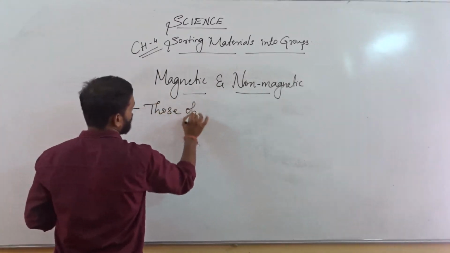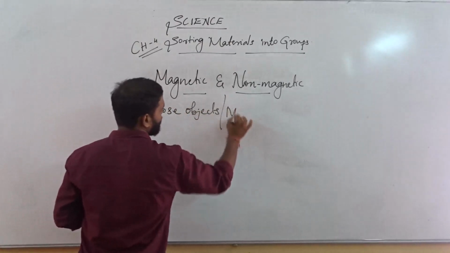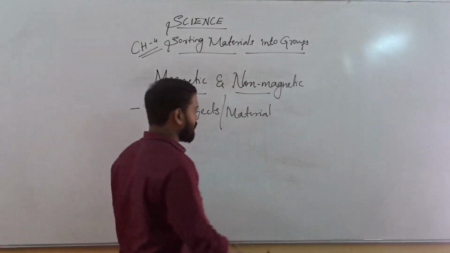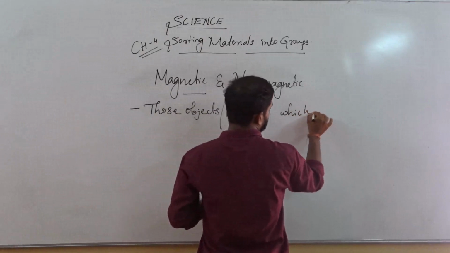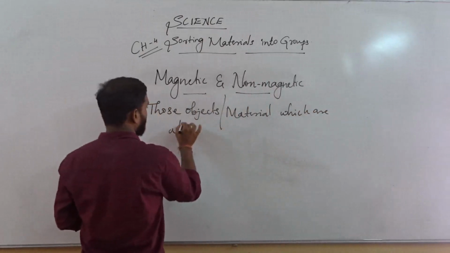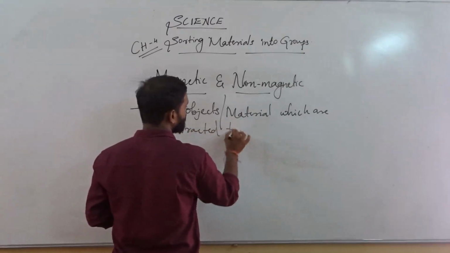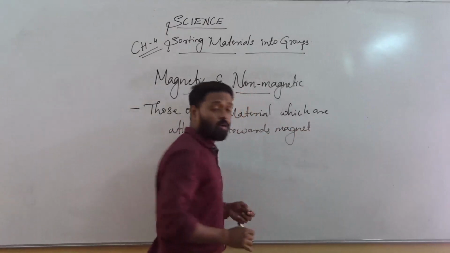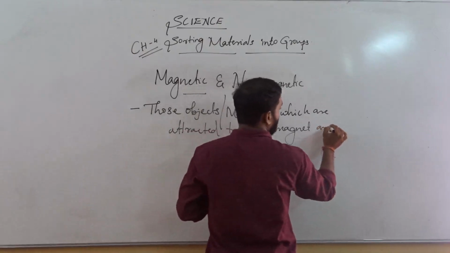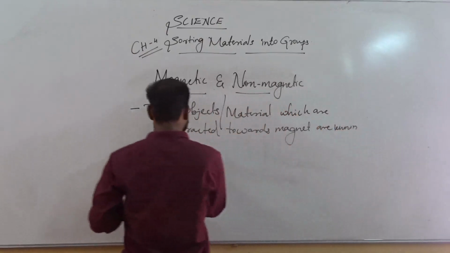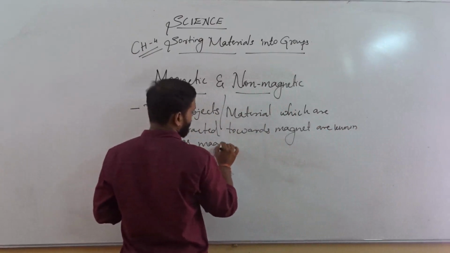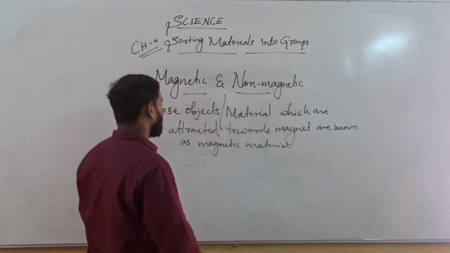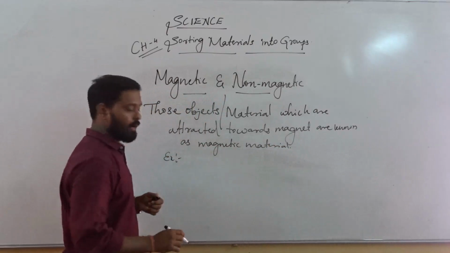Those objects or materials which are attracted towards a magnet are known as magnetic materials. Okay, for example, you can give iron.